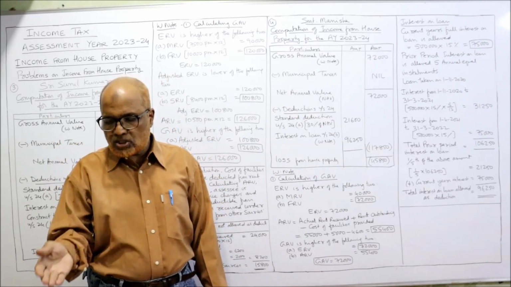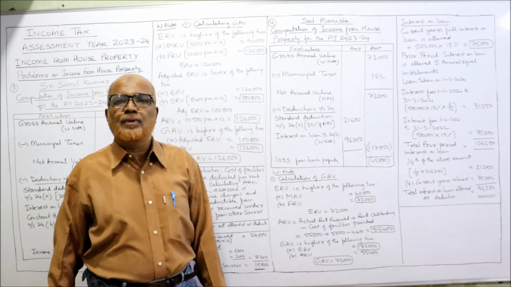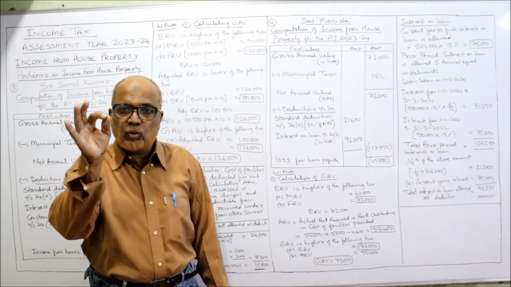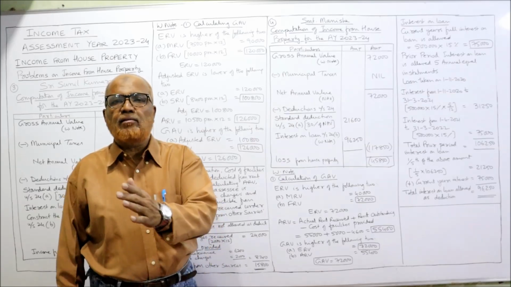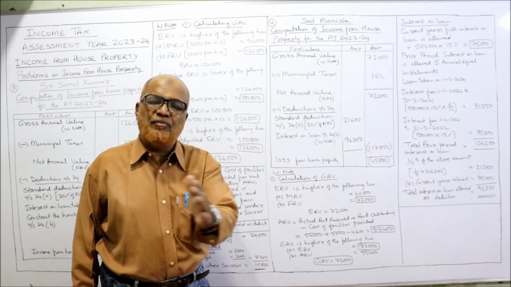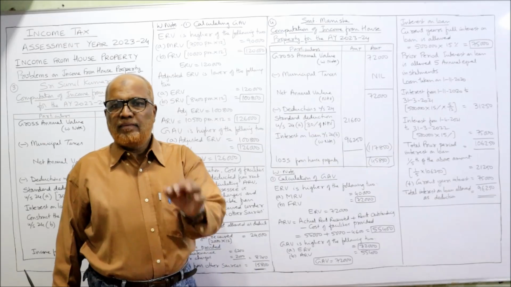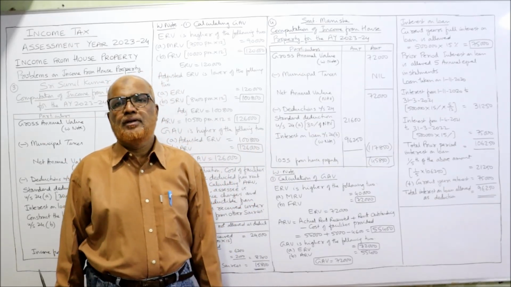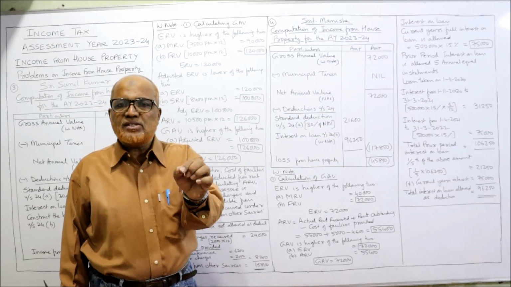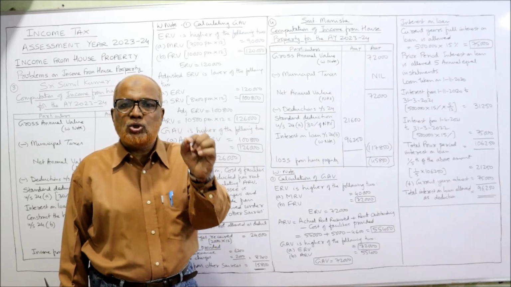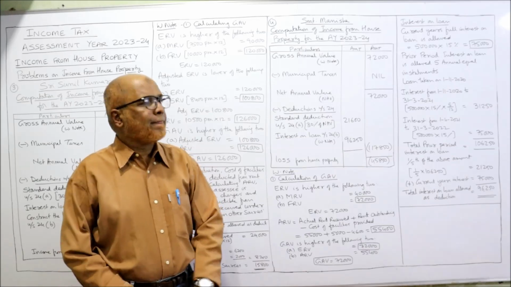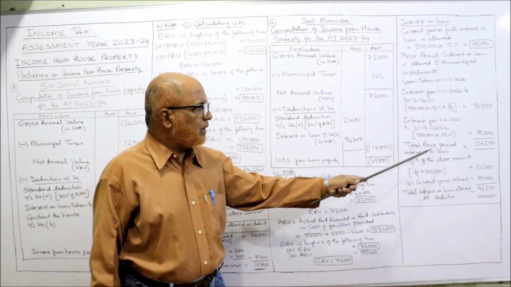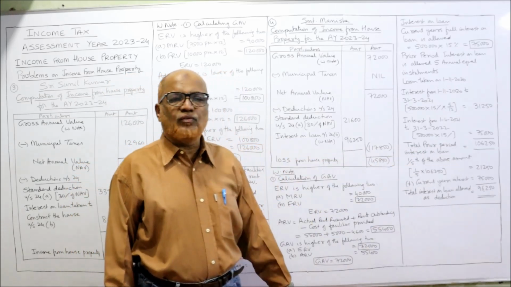Remember, the date of construction is 31st August, but we should not calculate up to 31st August. We should calculate up to 31st March before the date of construction. So up to 31st March 2022, total prior period interest on loan is 1,06,250.